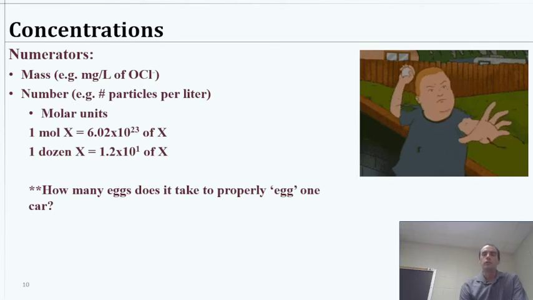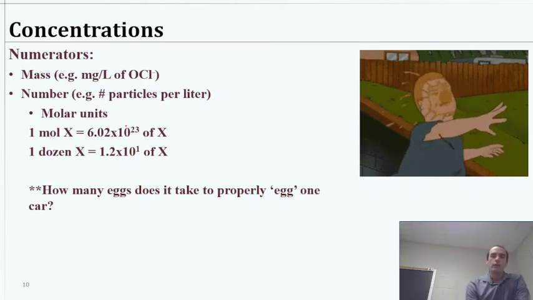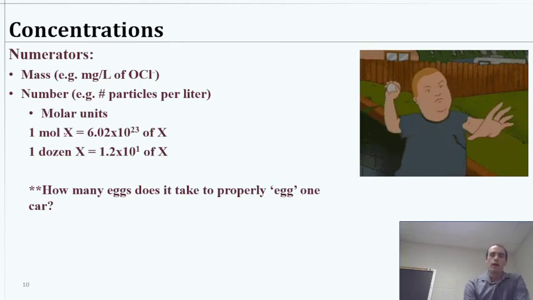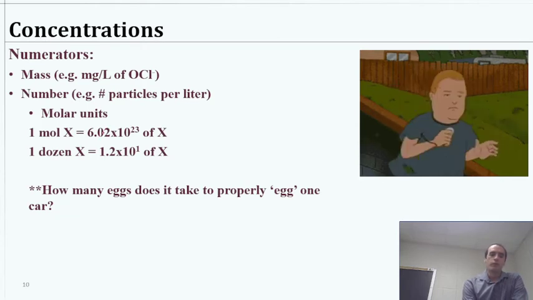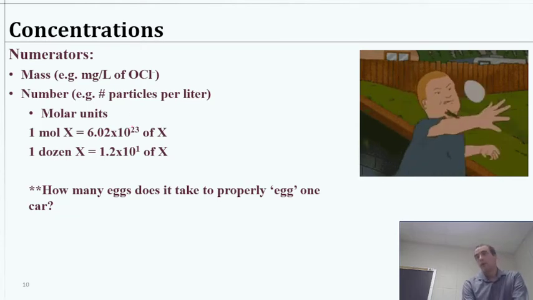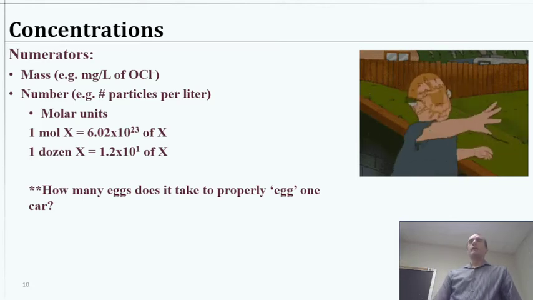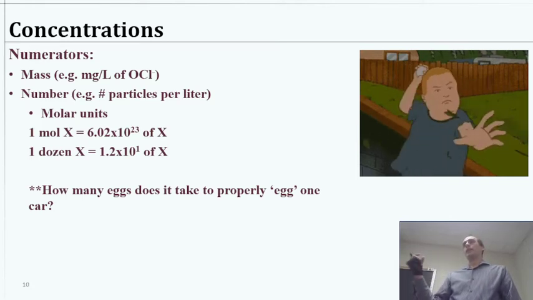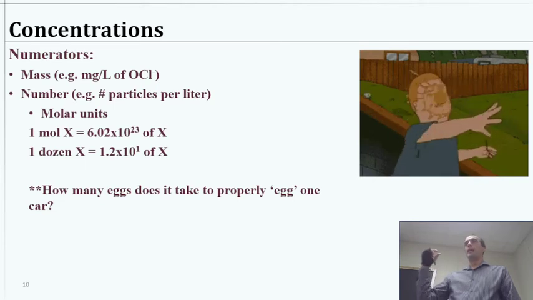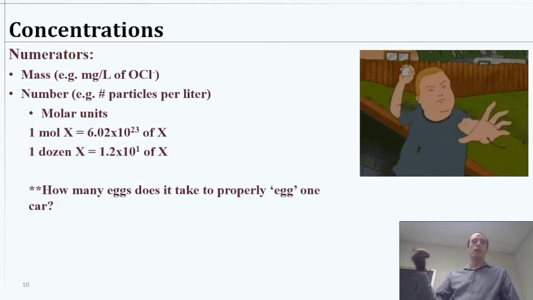For molecules, we use this because what we have found is if you have 6.02 times 10 to the 23rd of hydrogen molecules or atoms, then that's 1 gram. And so we can have a convenient mass feeling of 1 gram.